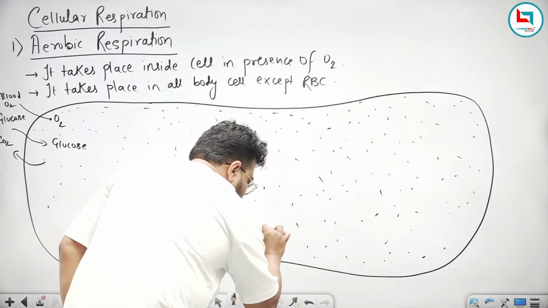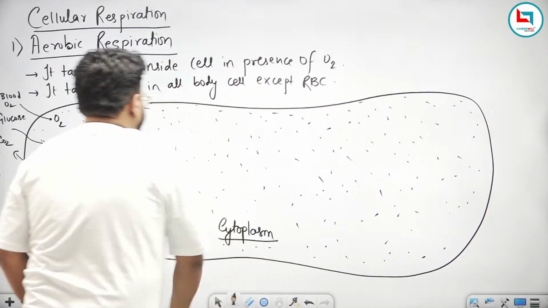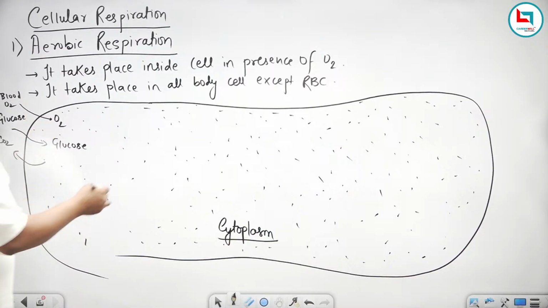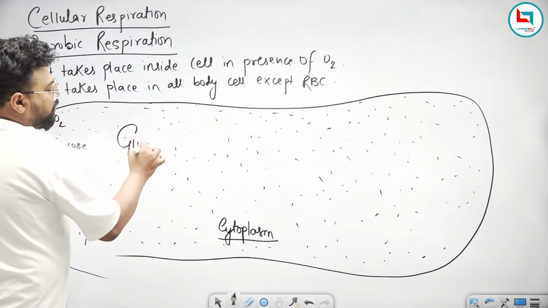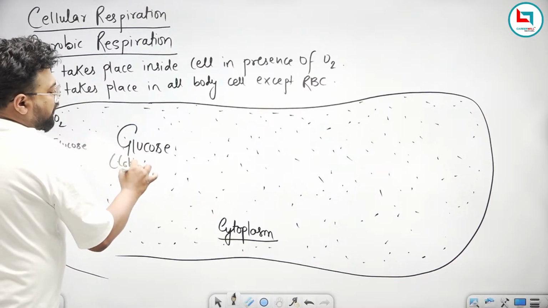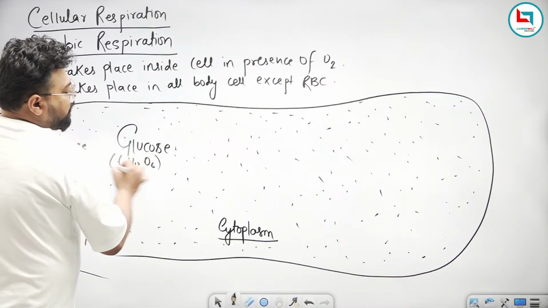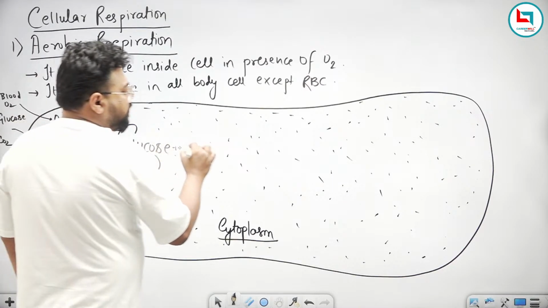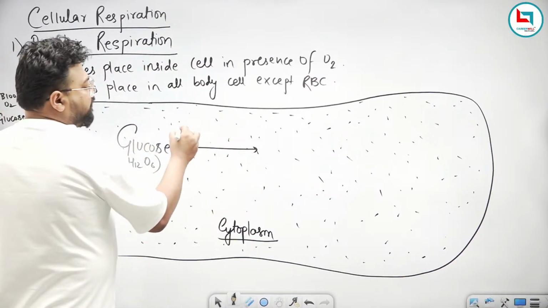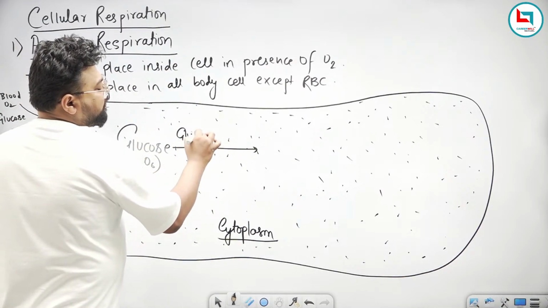Now, what happens in cytoplasm? The glucose which came through the process of digestion through blood and the oxygen which came through the process of breathing in a cell, this glucose, that is C6H12O6, in cytoplasm will enter into a cycle known as glycolysis.